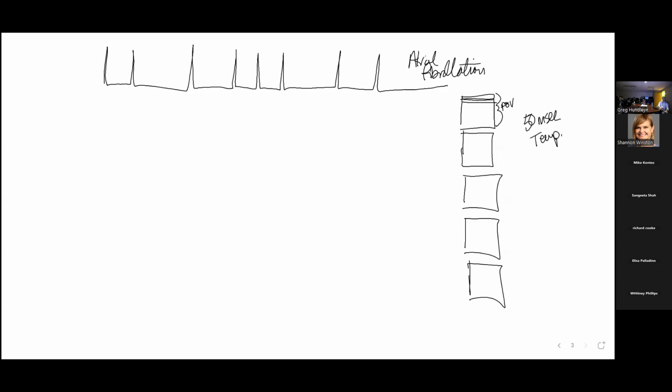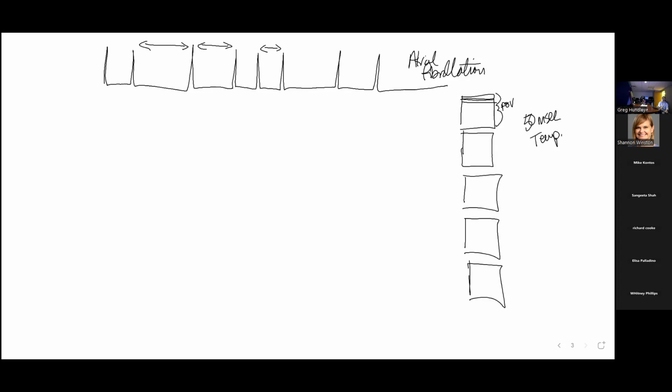So what do we do? If you think about the cardiac cycle, where you have an irregular rhythm and an irregular RR interval, look at these. These are all different. Which component of the cardiac cycle changes? Diastole. Very good.